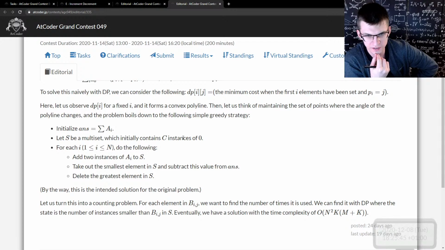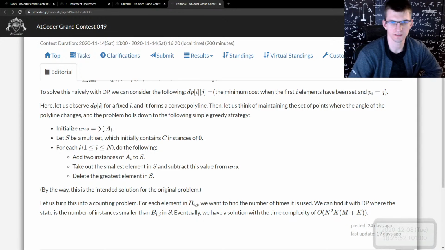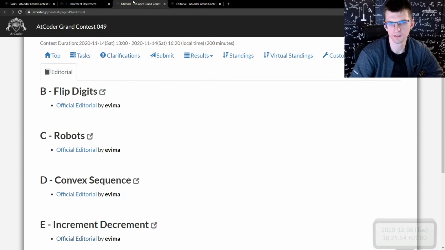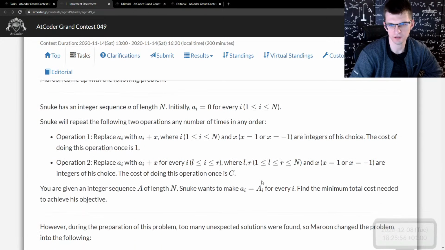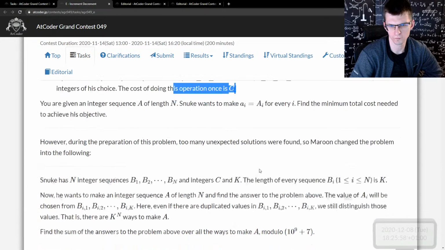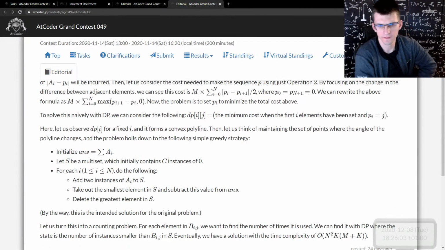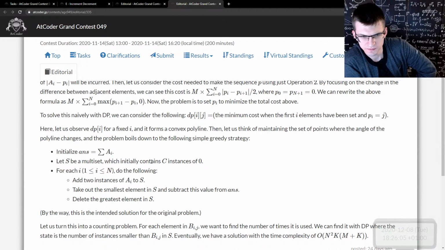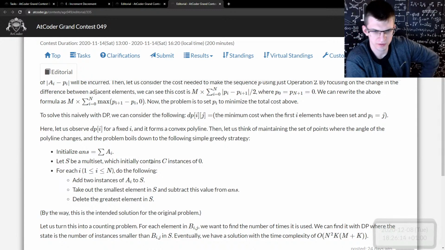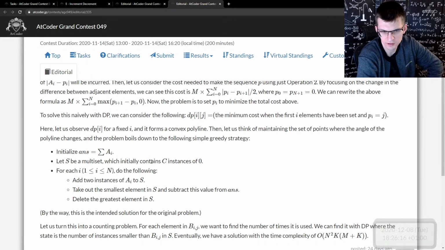Let S be a multiset which contains C instances of 0. Why C? Suppose that extra cost. Add 2 instances of A_i to S. Take out the smallest element in S and subtract this value.